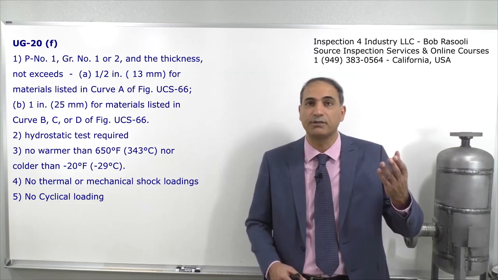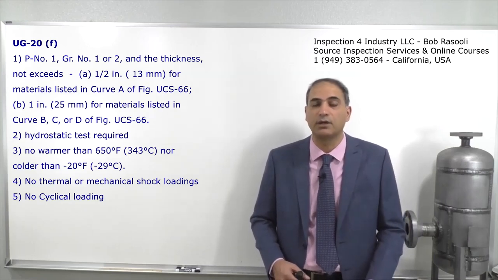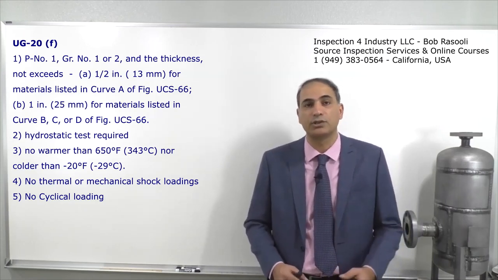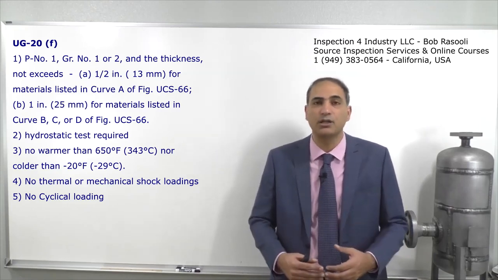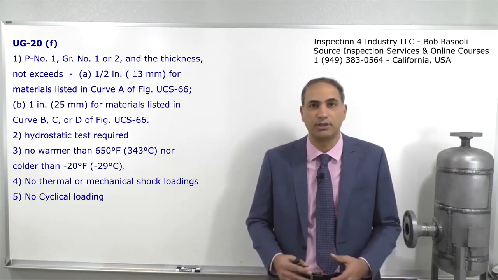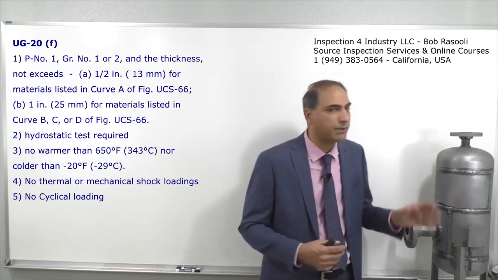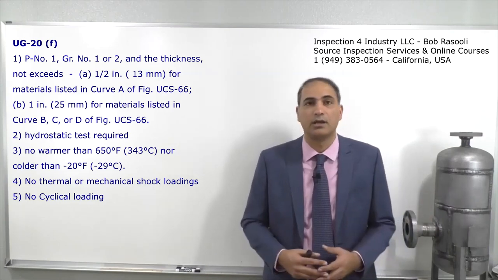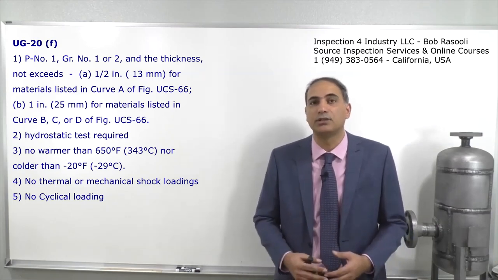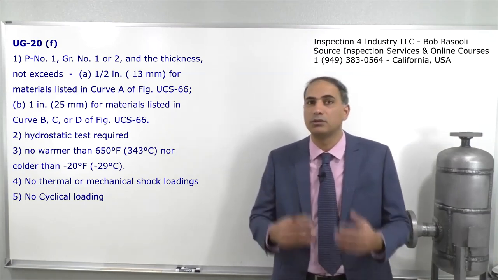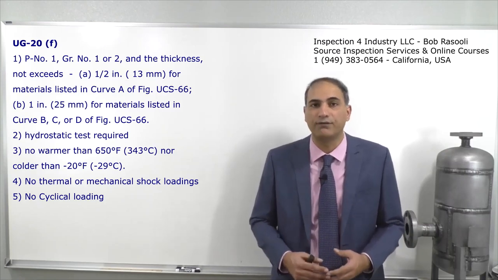Sometimes the temperature goes to 700 degrees Fahrenheit, then comes down to 100 degrees Fahrenheit, with temperature fluctuation. If your pressure vessel is going to work in that condition, you can't use UG-20(f). For our pressure vessel we don't have those issues, but generally this is one of the conditions you need to consider when you want to use UG-20(f).